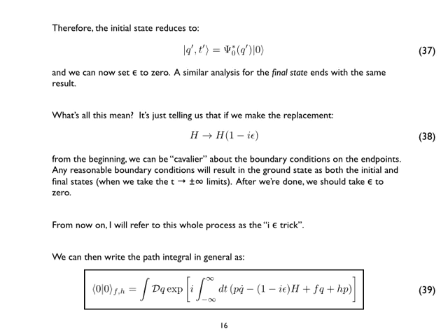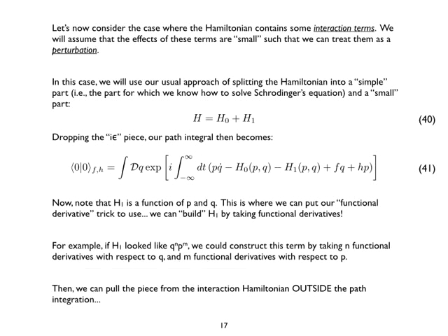Now we want to add in interactions because we want to consider theories where we have interactions and we can do scattering experiments and all this cool stuff. So I'm going to have to add in a new term to my Hamiltonian. And this new term we're going to assume is small, so we're going to use perturbation theory.